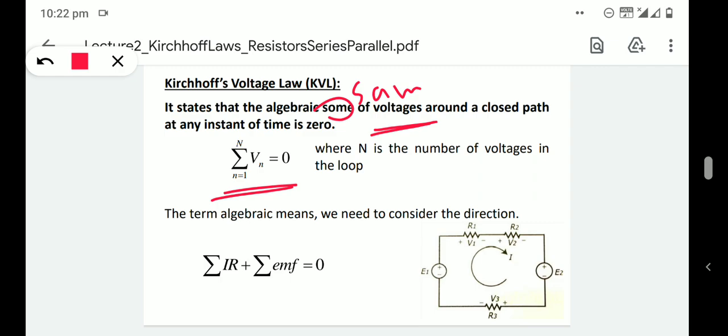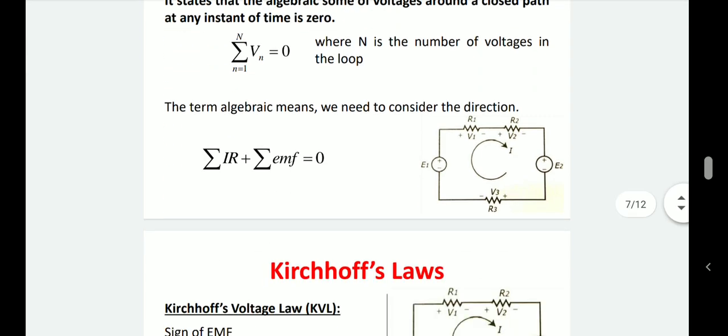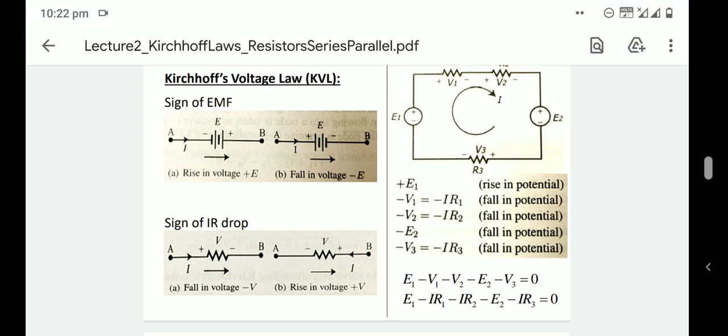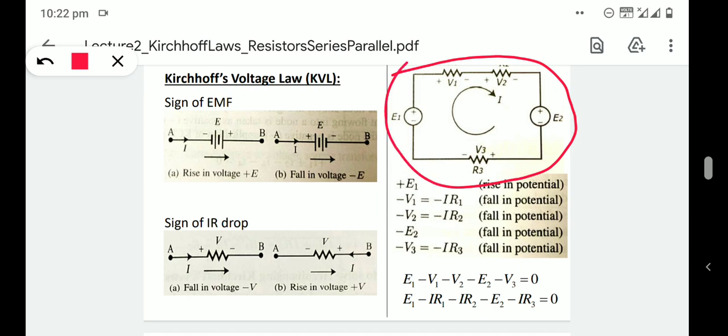So if we are considering a circuit like this, a closed path like this, here there are two voltage sources, E1 and E2, then three resistors, R1, R2 and R3. So it is nothing but a closed path. According to Kirchhoff's voltage law, the algebraic sum of voltages around this closed path will be 0.